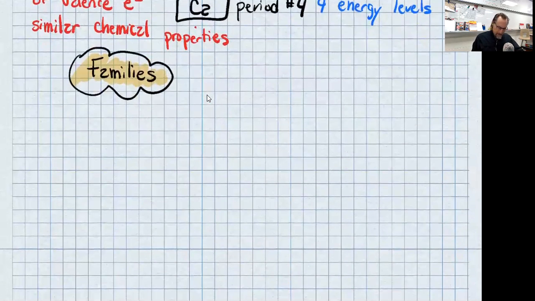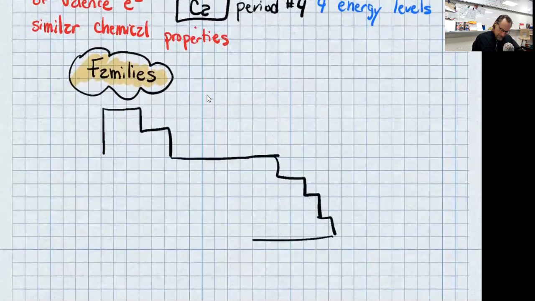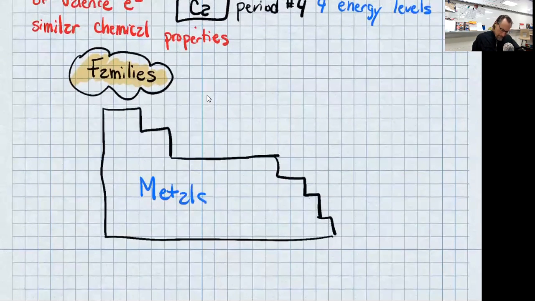But in general terms, and I'm going to again kind of draw my janky looking periodic table here, I have that kind of divided into 3 main groups. Okay, so I have my metals, which are on the left side of the periodic table.